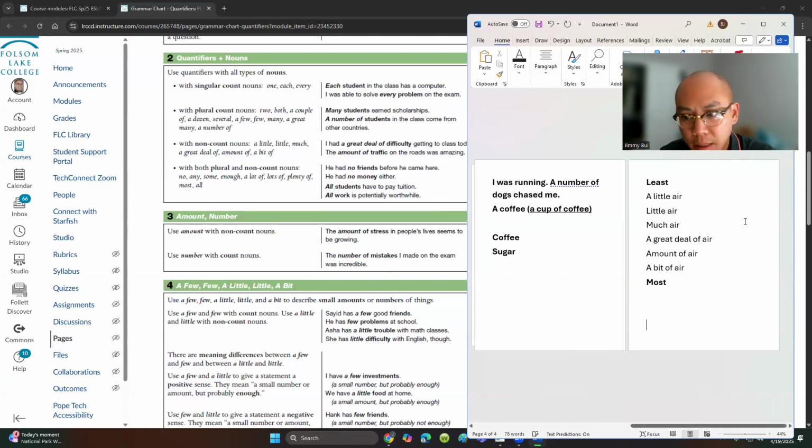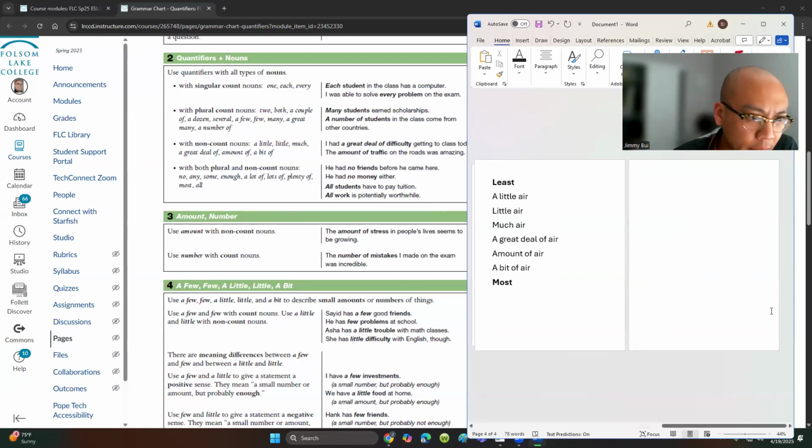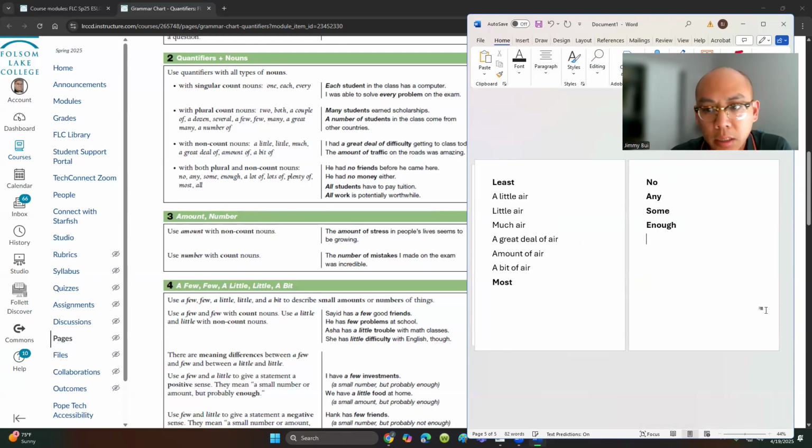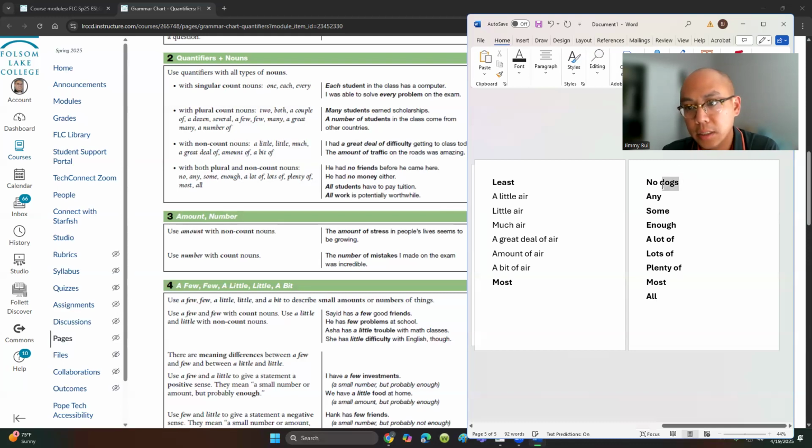And then the last group of quantifiers here: some of these can be used for count and non-count. So no dogs, right? If it's something countable, it has to be the plural form. No eggs. You do not use the singular form, no egg.